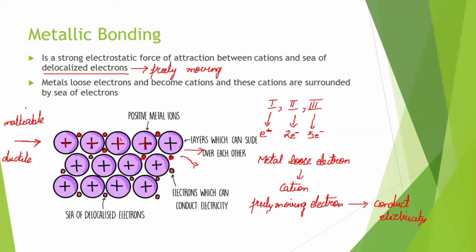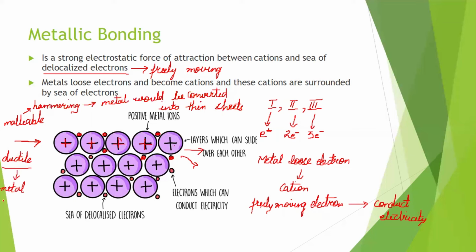Malleable means that by hammering, the metal would be converted into thin sheets. Ductile means that metal can be stretched into thin wires.